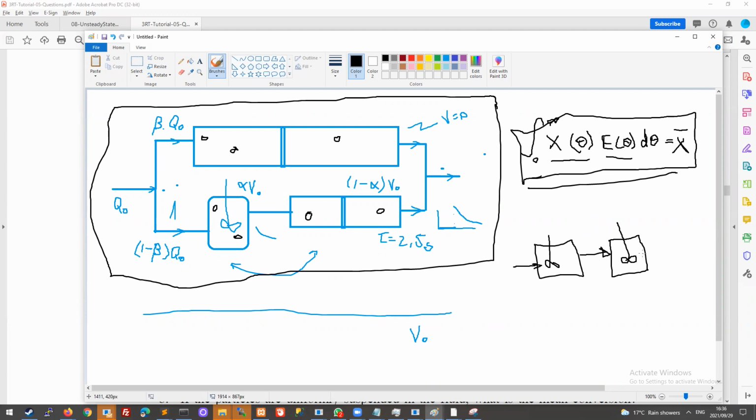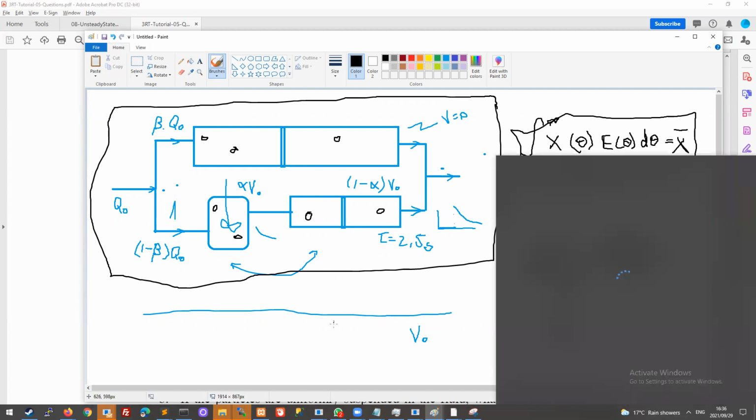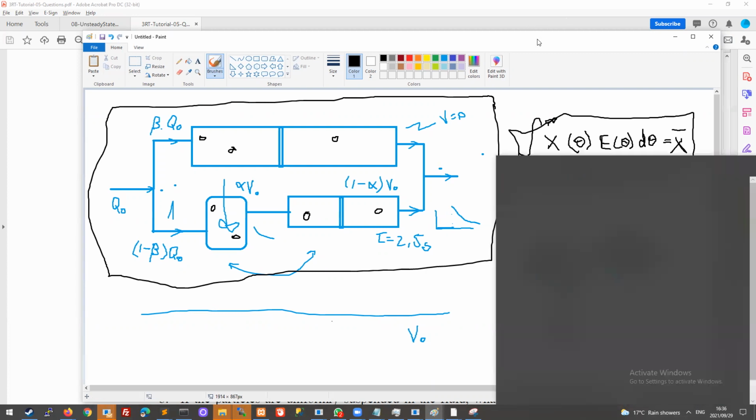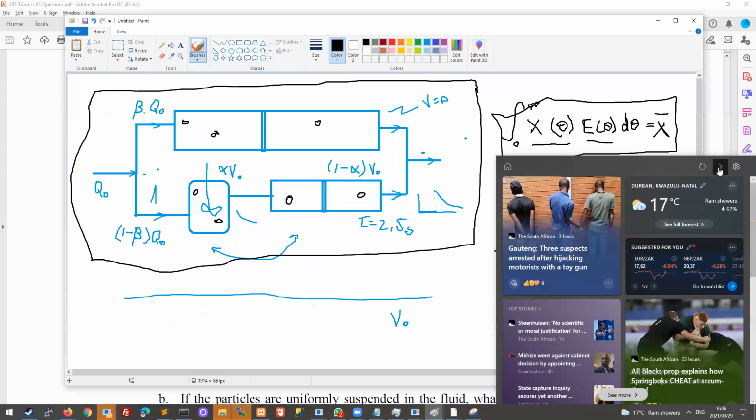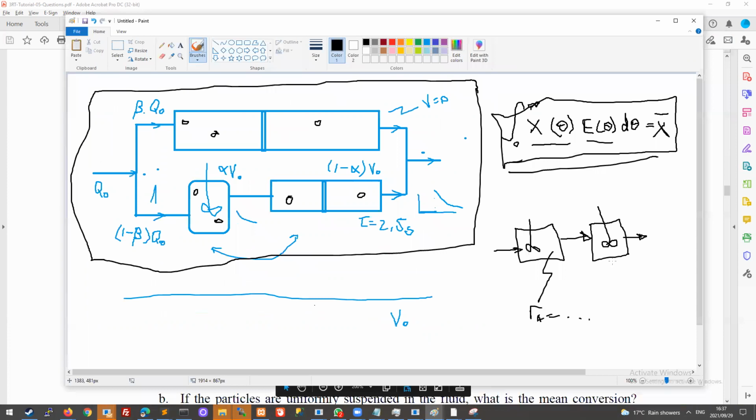We weren't talking about oil droplets or solid particles. We were just saying there's a reaction here, RA equals some function. So we were solving problems like this. So we could do the two CSTRs in series.